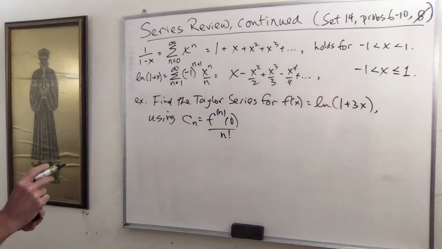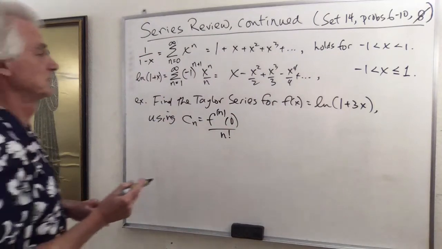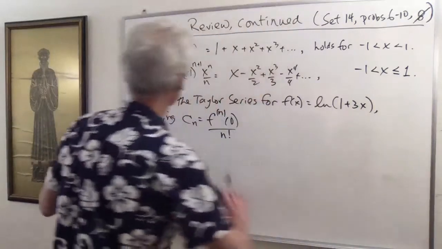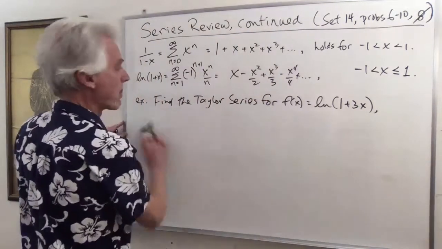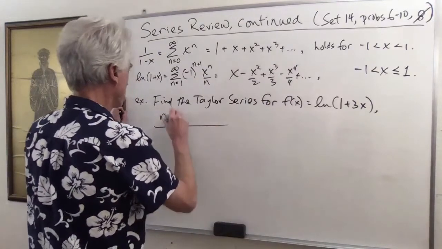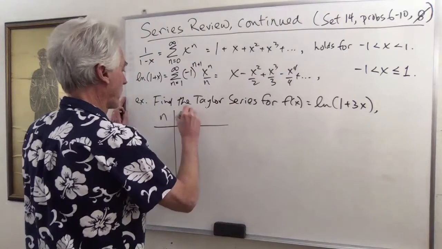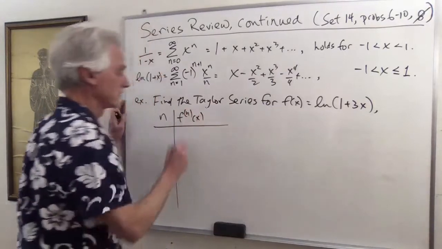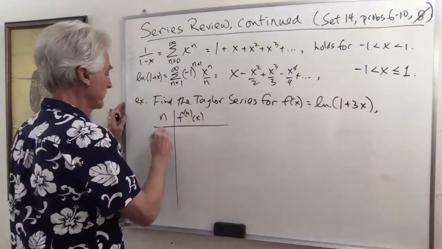All right, so I'm going to need to make a table for this. So we're going to do a few turns. We're going to take the derivative a few times.